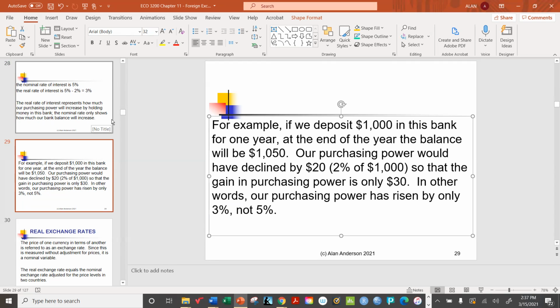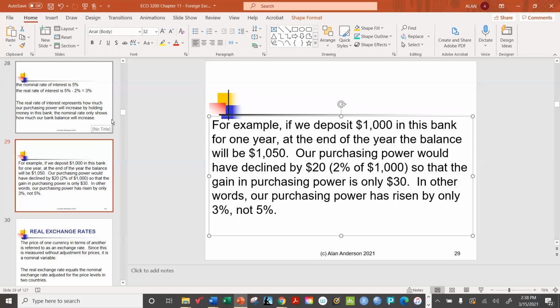So that, for example, if we're looking at the exchange rate between the dollar and the pound, in order to convert that exchange rate from nominal to real, we have to take into account the inflation rates in the United States and in the United Kingdom in order to come up with what we will call a real exchange rate.